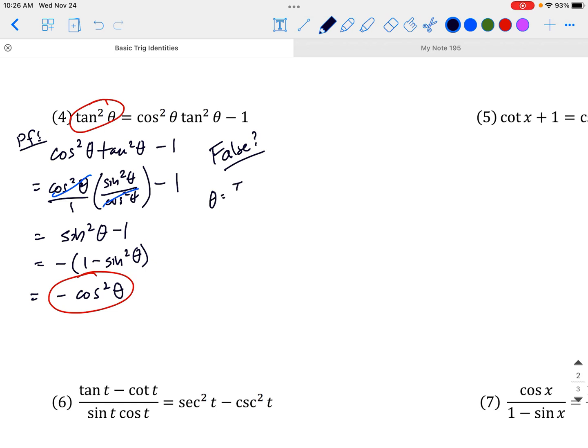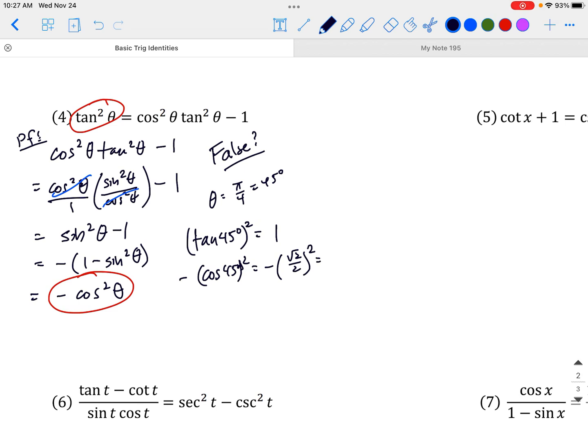So let's let theta equal pi over 4, or 45 degrees. So that's an easy value to calculate. So we know that tangent of 45 squared, well, tangent of 45 is just 1, so this is equal to 1. But negative cosine of 45 squared is going to be negative radical 2 over 2 squared.